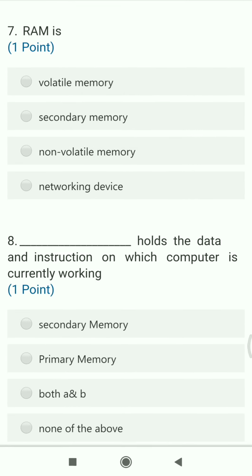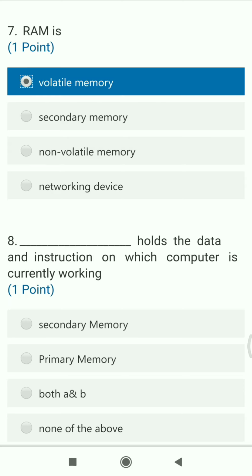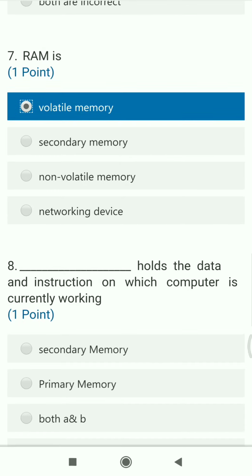Next question: RAM is dash. The options are volatile memory, secondary memory, non-volatile memory, networking device. The right answer is volatile memory, because RAM is a volatile memory. Any information stored in this memory is lost if there is a power failure or a system crash.